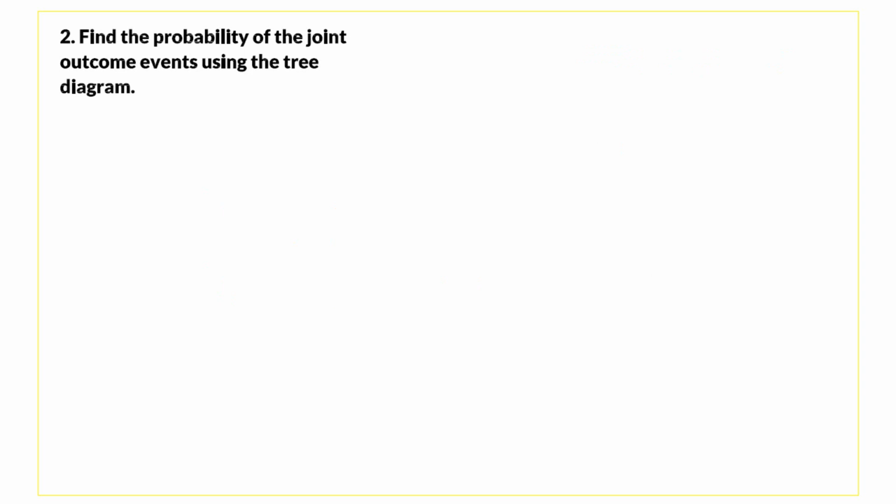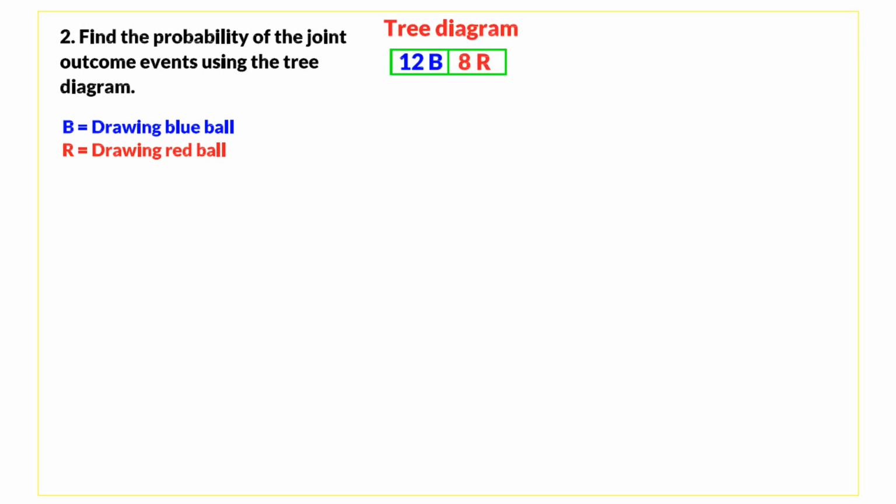Question number 2, find the probability of the joint outcome events using the tree diagram. So let B represent drawing a blue ball and R represent drawing a red ball. So let us use the tree diagram, starting with 12 blue and 8 red.